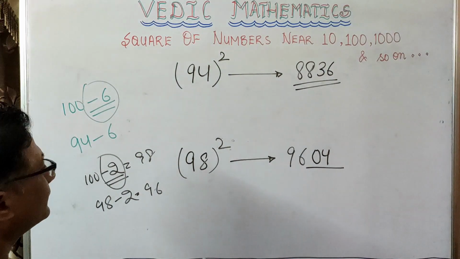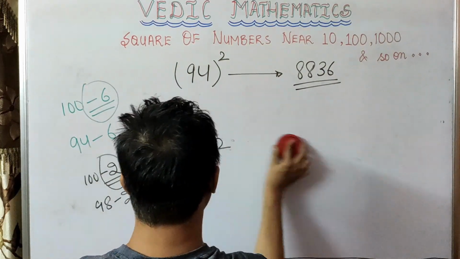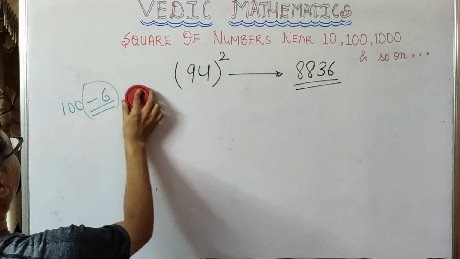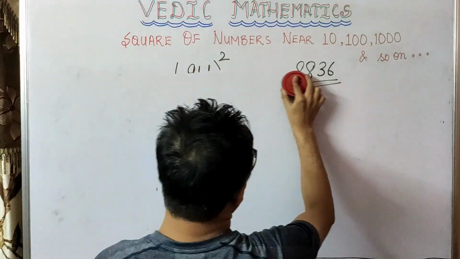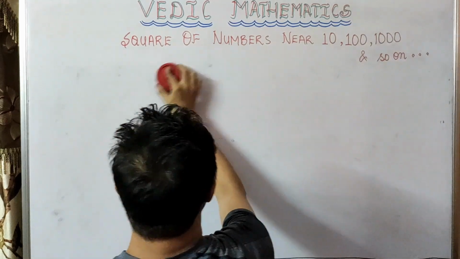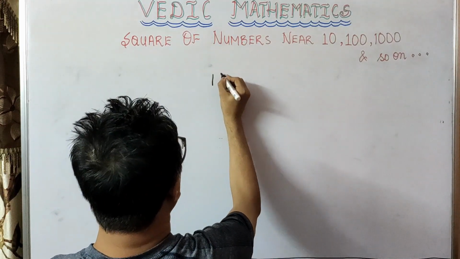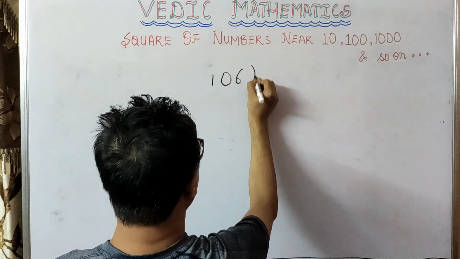Now, let's say we have to find the square of 106. How do we do that? Square of 106.